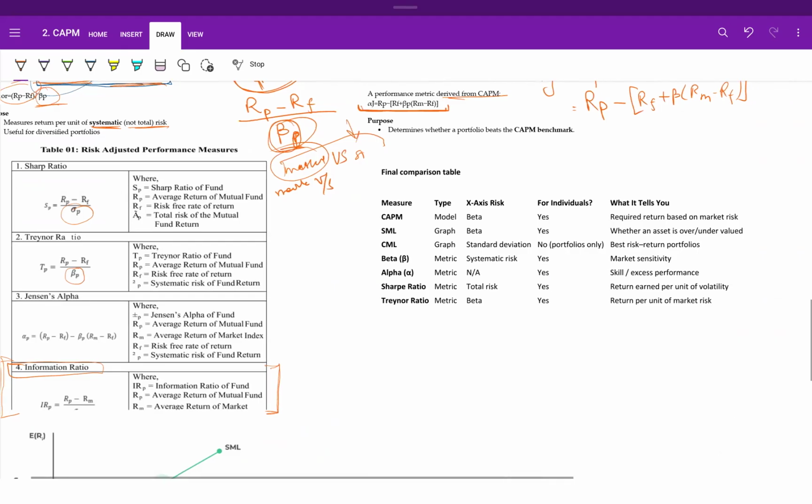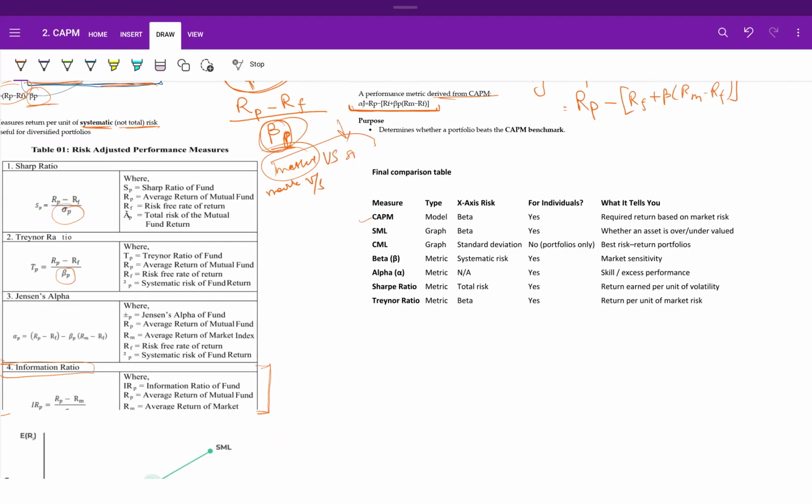So the capital asset pricing model is a type of model, and model means in itself it's hypothetical in nature, or scenario based, or there are assumptions involved. It tells you the required rate of return based on market risk.